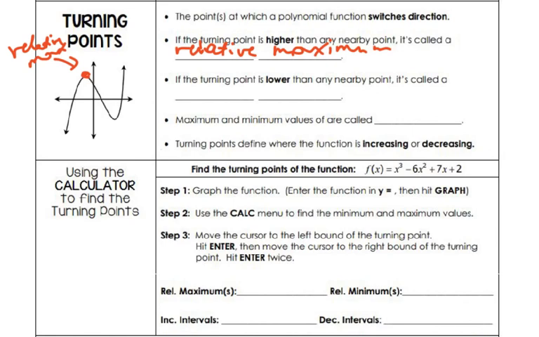Then if the turning point is lower than any nearby point, it's called a relative minimum. So here, this point is a relative min.